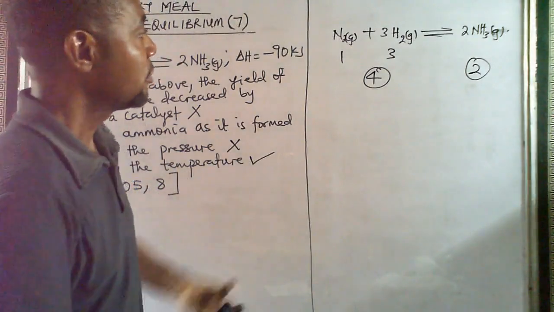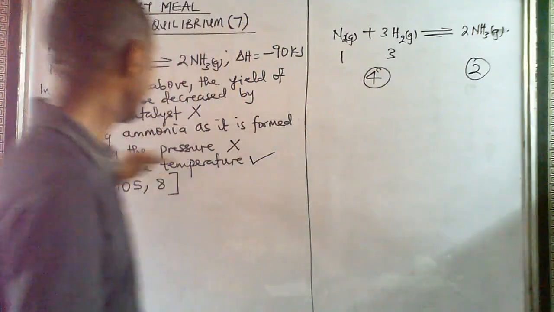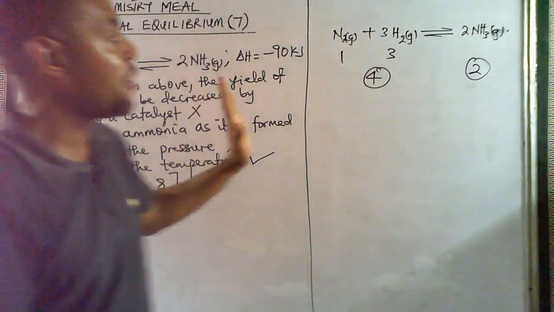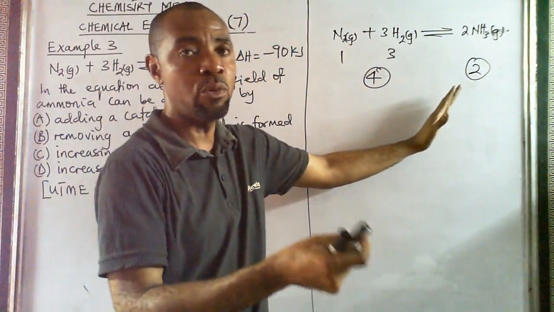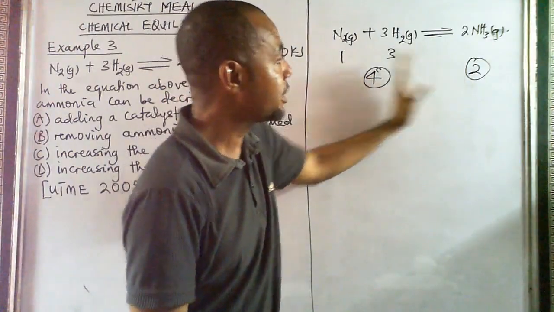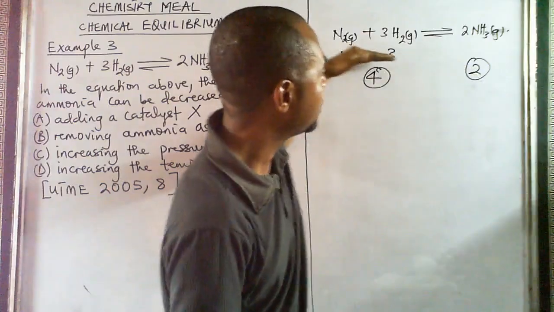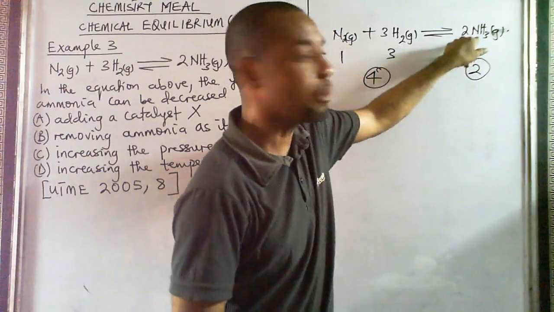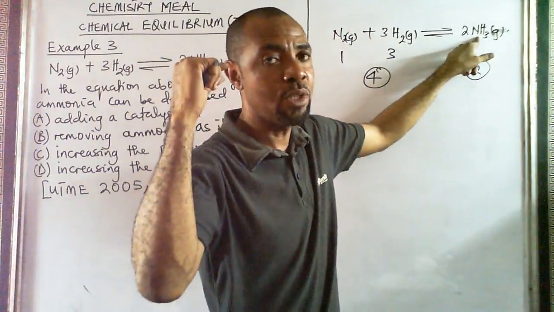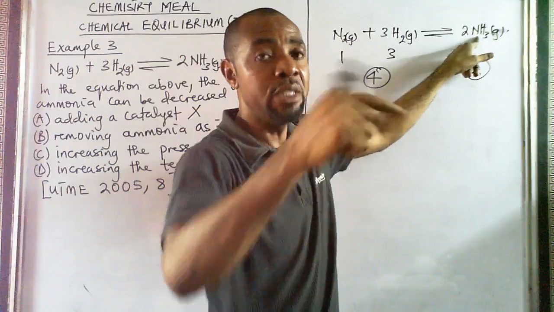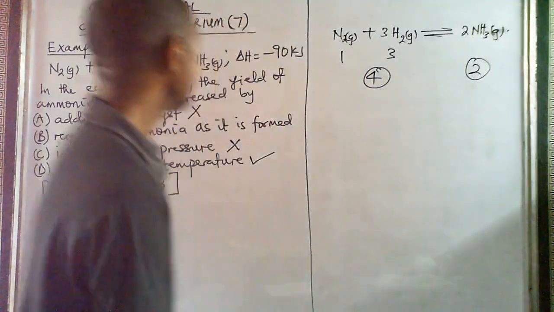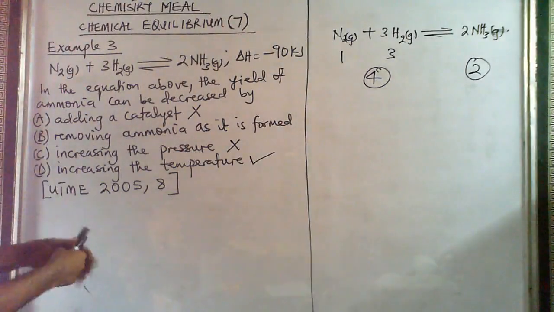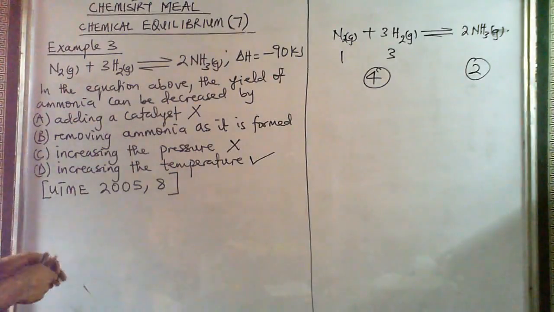If we increase pressure here, it will favor the side with less mole. That means the forward reaction will be favored, and if we favor this side, we produce more ammonia. But that's not what the question wants. The question wants what will decrease the yield of ammonia. Okay, then let's look at this. Why this is not the answer also.